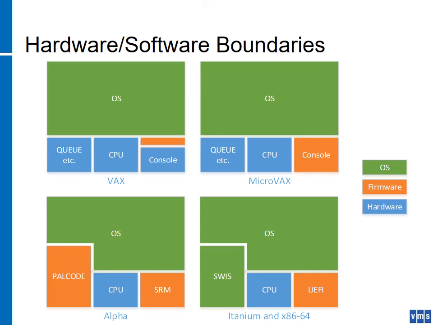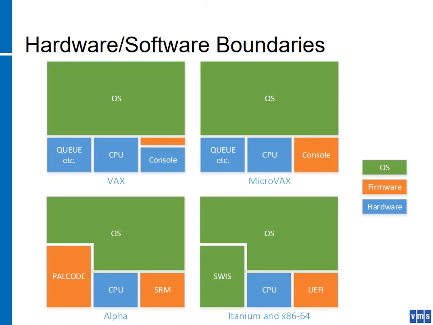Now on the MicroVAX they economized the hardware console away, and the console now became implemented in firmware running on the actual CPU. So you still have your VAX instructions in hardware, even though on some MicroVAX models that gets executed as microcode, but it's not part of the firmware that's written in the CPU's instruction code.